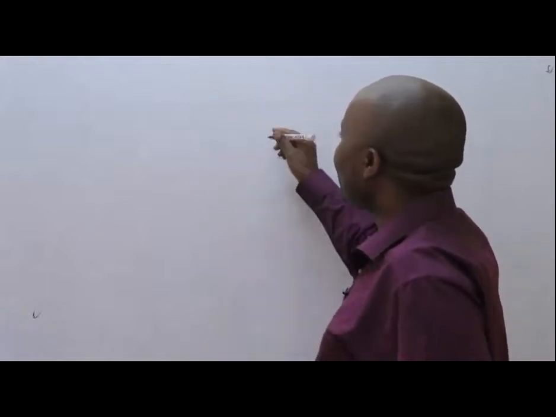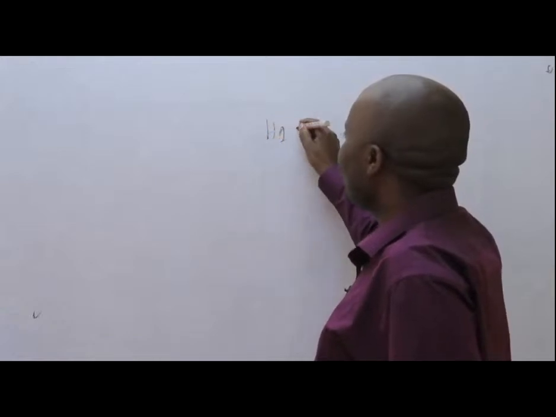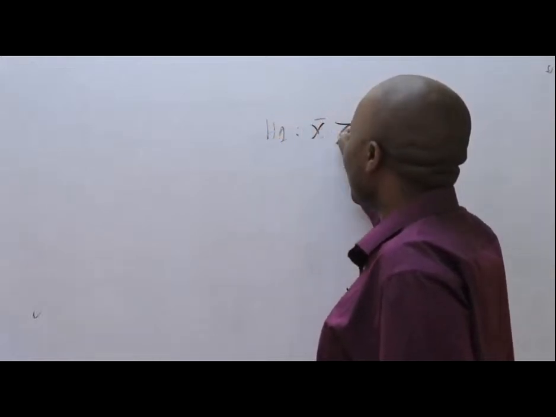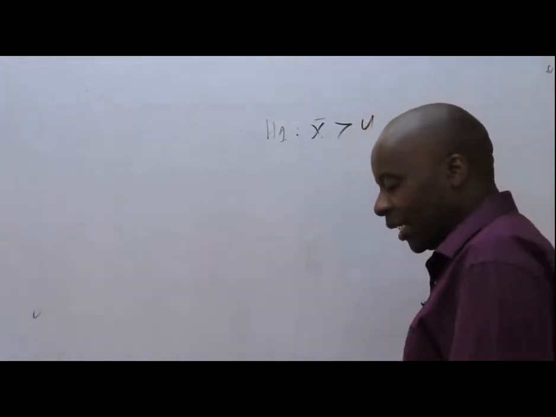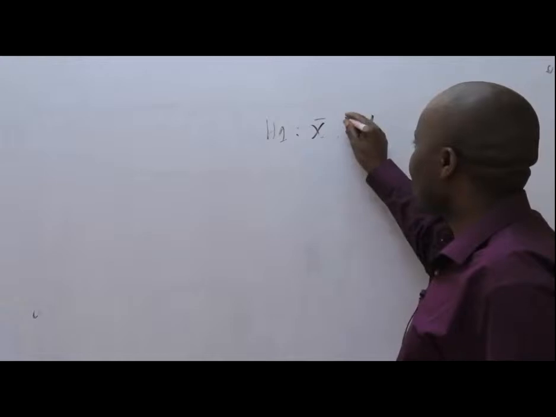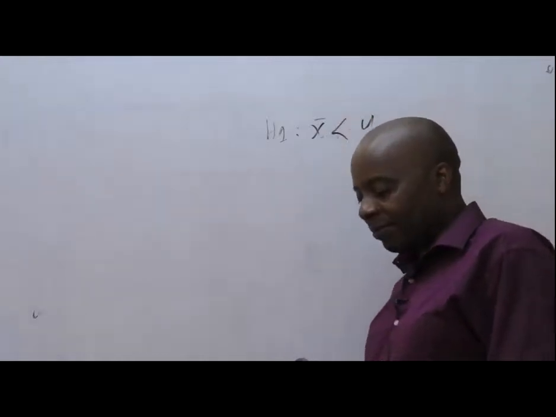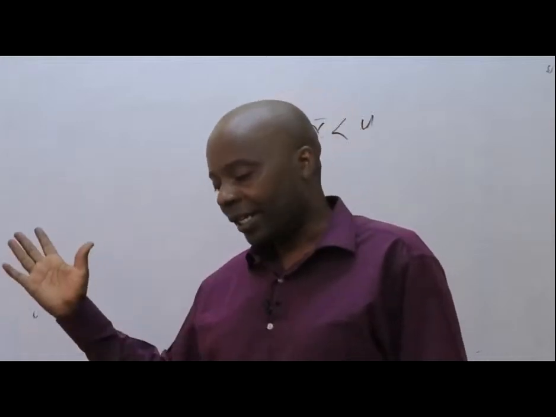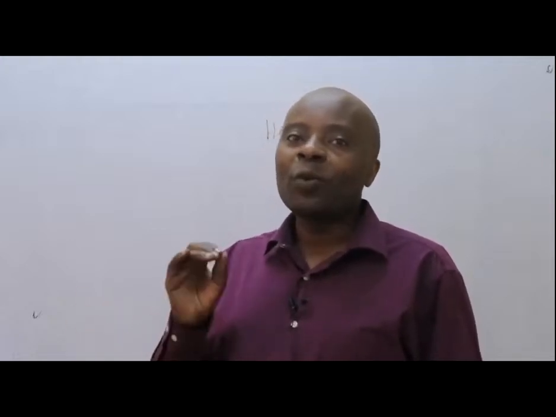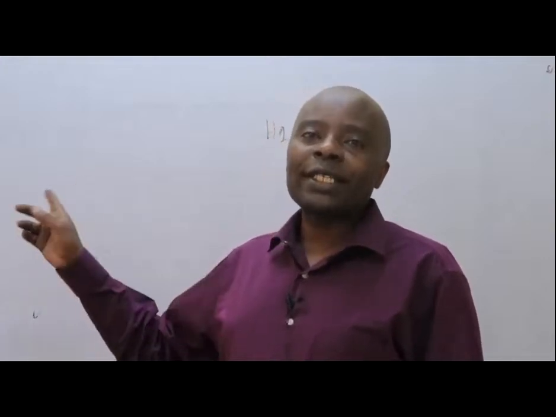You see, if, for example, your alternative hypothesis says X bar is greater than mu, you want to test the allegation. For example, some members of the public have come to the Kenya Bureau of Standards complaining that the bread you are getting nowadays weighs so little. So you would want to test this hypothesis.